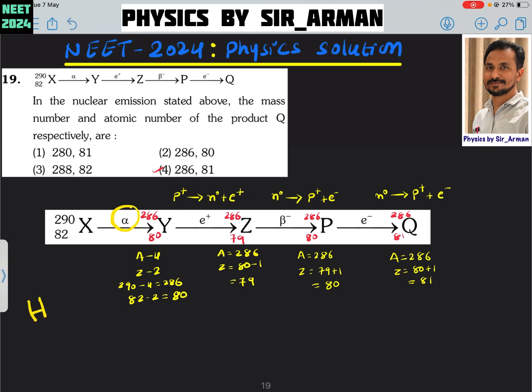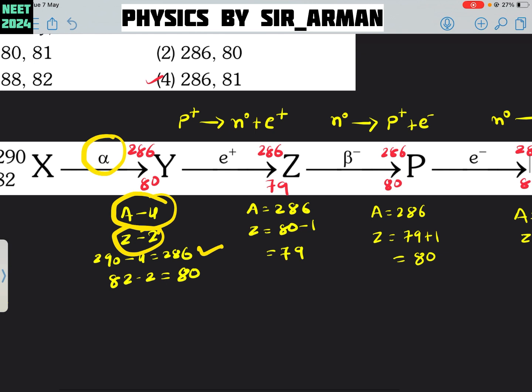The alpha particle is like a helium nucleus whose mass number is 4 and atomic number is 2. So when it comes out, the mass number decreases by 4 and the atomic number decreases by 2. The new mass number will be 290 minus 4, which is 286, and the new atomic number will be 82 minus 2, which is 80.